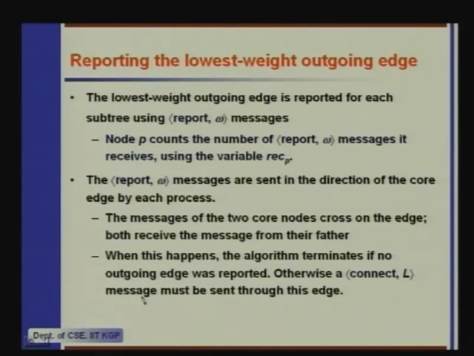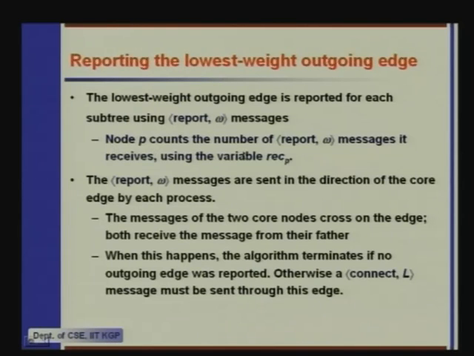Reporting the lowest weight outgoing edge from the fragment. Now, the lowest weight outgoing edge is reported using the report procedure that we are going to see shortly for each subtree using report W messages.